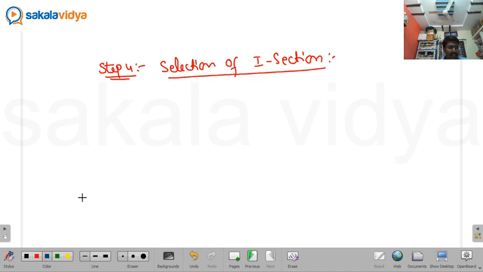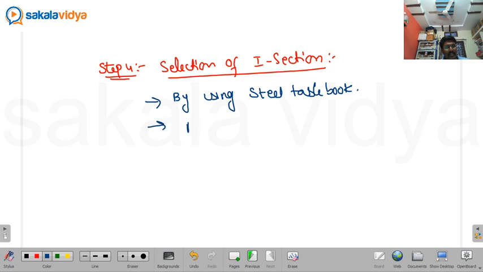Based upon area, by using which book? Steel table book. So based upon what parameter? That is area. Area is equal to 6150 mm square. So for this section, I'm going to select ISHB, Indian Standard Heavy Beam.